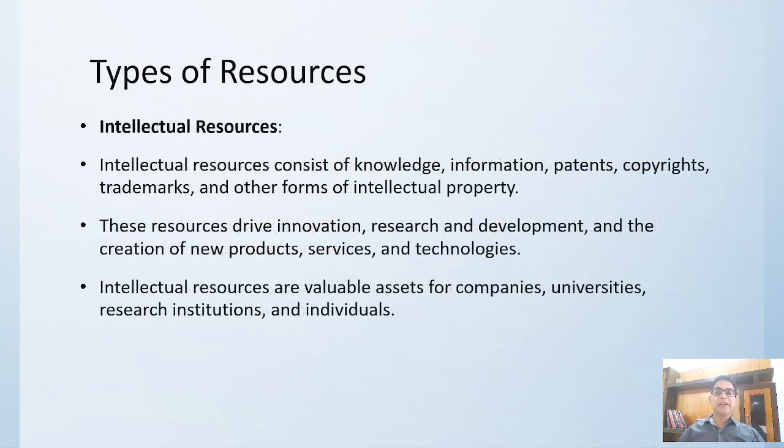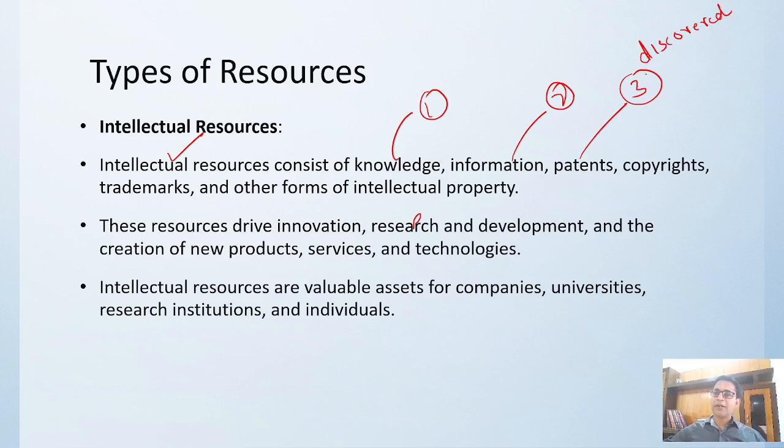Now we have intellectual resources. Intellectual means which is from your intellect, from your thinking. These are called intellectual resources, in the form of your knowledge, information, and patent filings. A patent is the thing which you have discovered, and for that you have filed a patent.